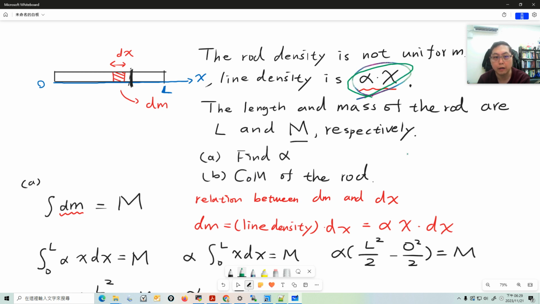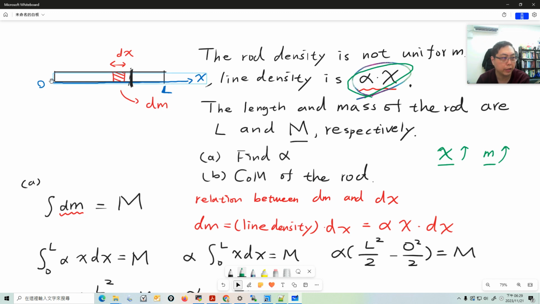That means if your x coordinate is higher, your mass is also increased. A higher x coordinate means a higher mass. That's what this line density means.